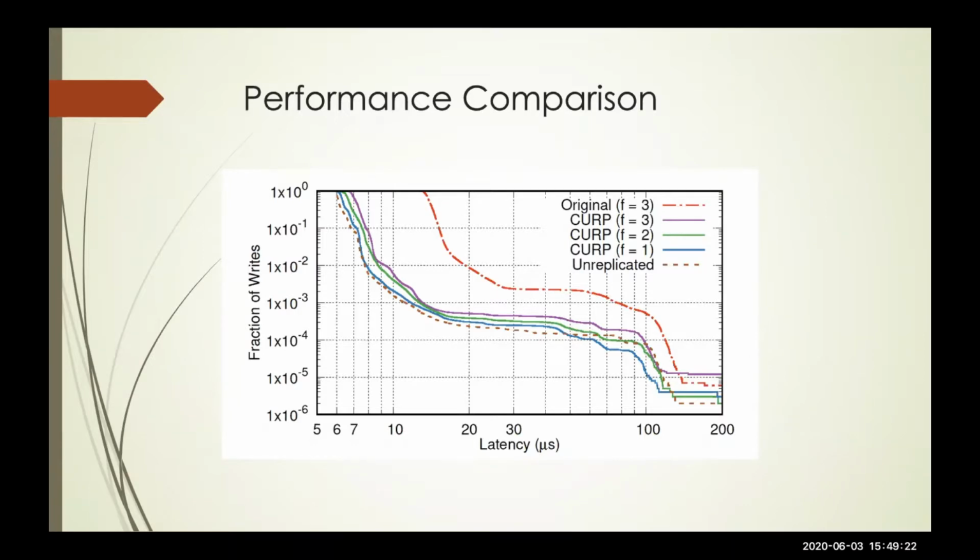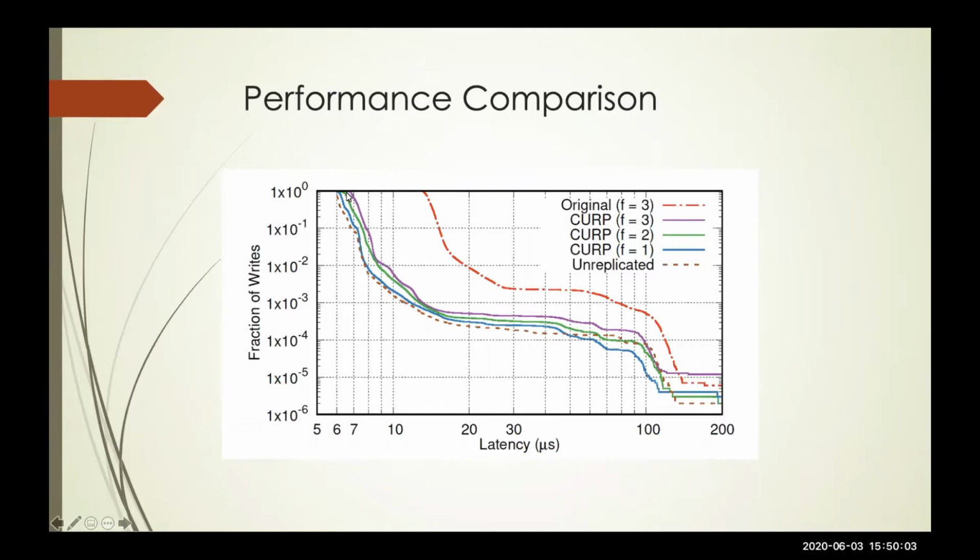On the y-axis is the fraction of 1 million. So 1 million at least takes something like 15 for original with f equals 3 replicas. With CURP and f equals 3, it reduces significantly to between 6 and 7.